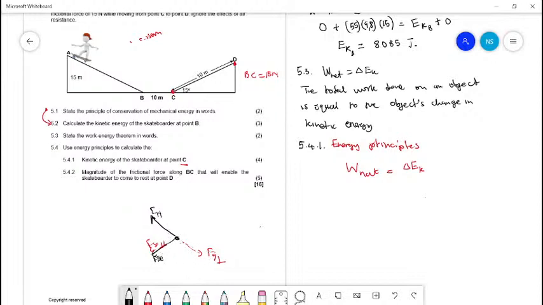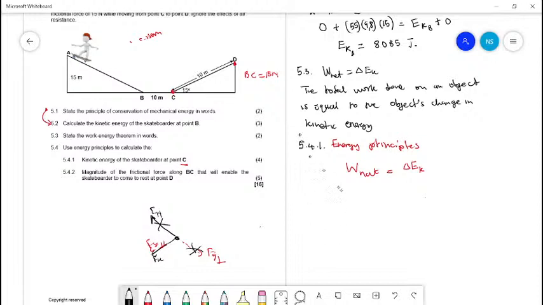So we can see from our diagram here that our Fn is not doing work. We can also see that Fg perpendicular won't do work because these are perpendicular to the motion. So the only forces that will be doing work here are Fg parallel and F of k.